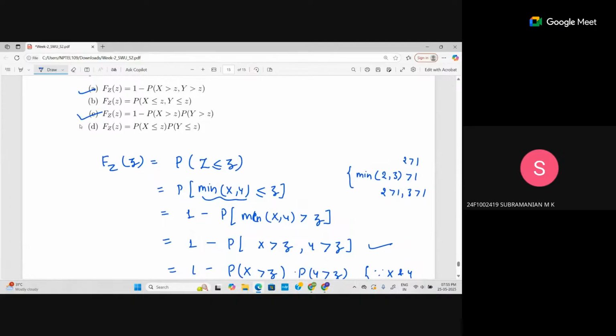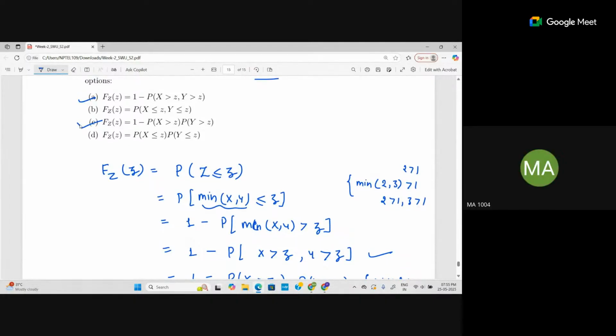B and D. If you consider the statement, probability that the minimum of X and Y is less than or equal to z, then we cannot write that both the values will be less than z. Correct, right? Okay. So that will not be correct. It will be wrong. True. Thanks. Any other doubt?